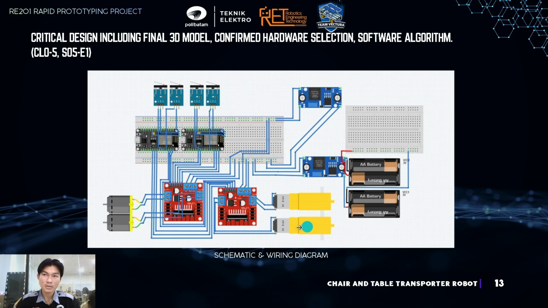These are the yellow gearbox DC motors for moving the robot forward, reverse, left and right. And these are two DC motors for the up and down movement of the scissor lifter.